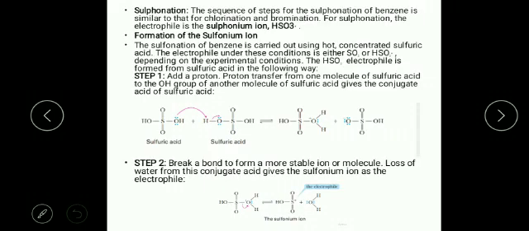This is the sulfonation. So please all of you complete these sulfonation steps in your notebook, remember the things and learn how sulfonation takes place.